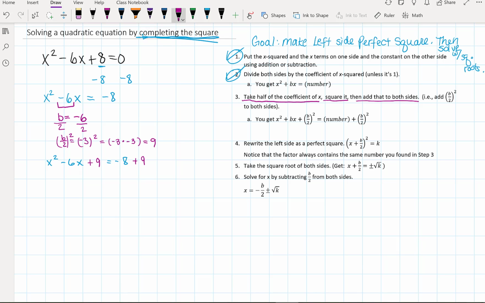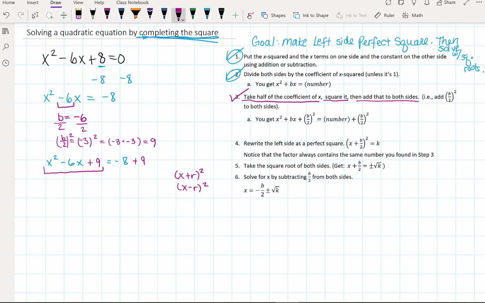Okay, now step 4. I look at the left-hand side of the equation and I notice it should now be a perfect square. So it should be something of the form x plus r squared or x minus r squared. Notice that half of negative 6 is negative 3, and if I square that, I get 9.